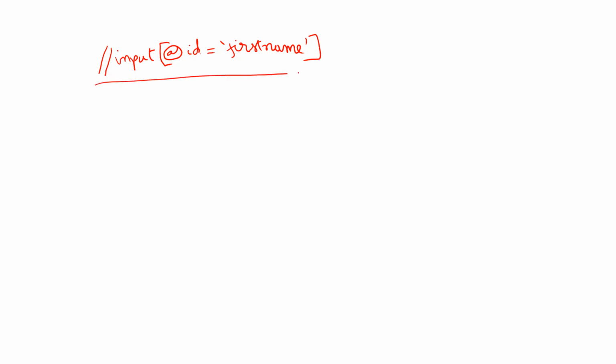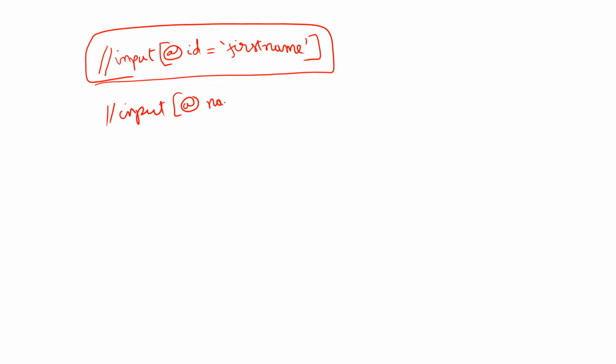So this is how you form an xpath. If I want to develop it based on the name attribute, I'll say input @name is equal to first name, and close the square brackets.